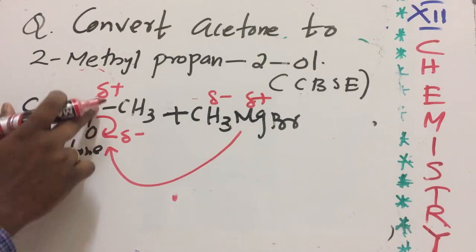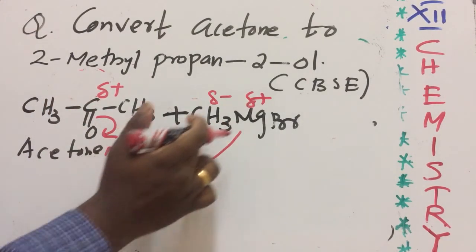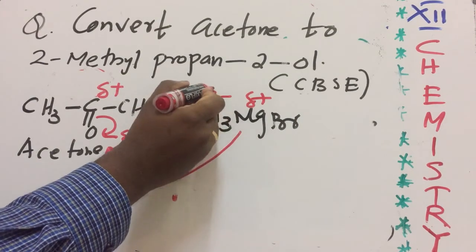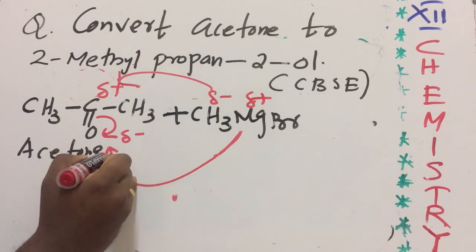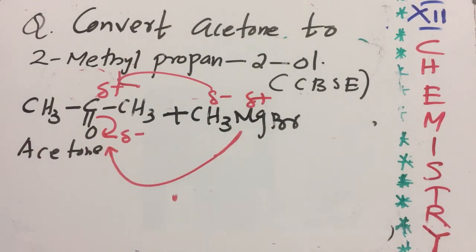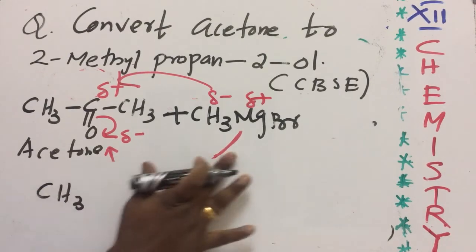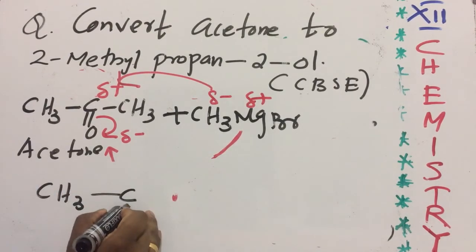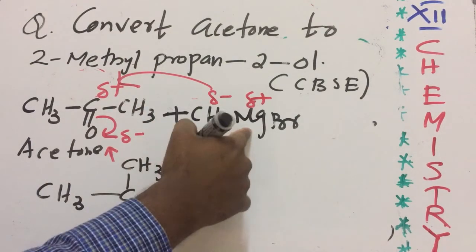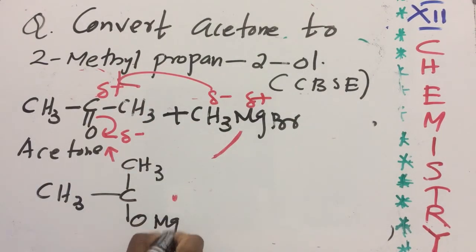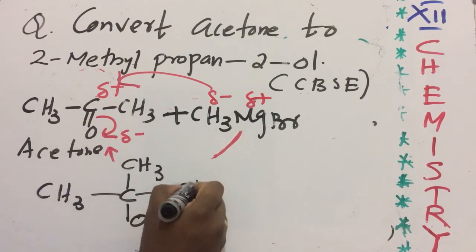So when you add this reagent, the negative part of the reagent will add to carbon and the positive part will attach to oxygen. So what is the intermediate? CH3, then C with CH3, then OMgBr, and this CH3 is already there.